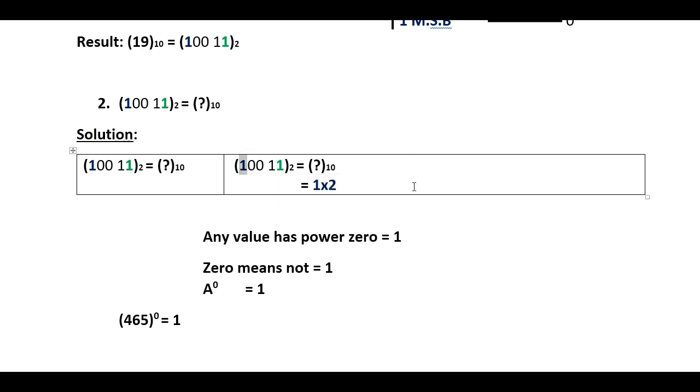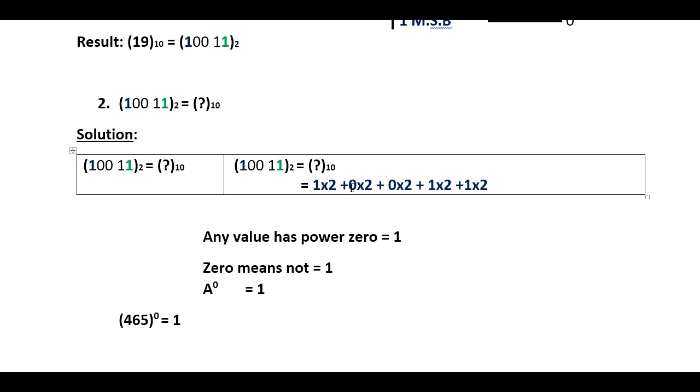From left to right we are writing: 1 cross 2 plus 0 cross 2, then plus 0 cross 2, plus the second last is 1 cross 2, plus, then 1 cross 2.